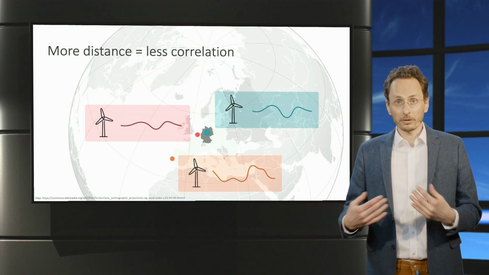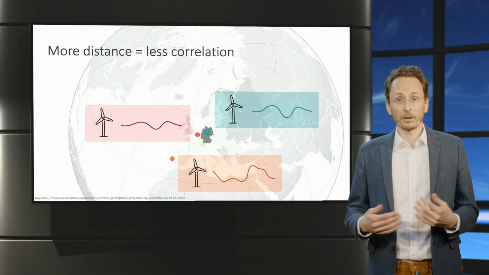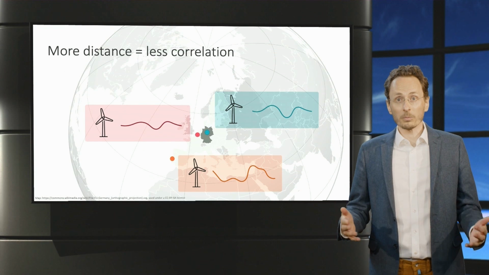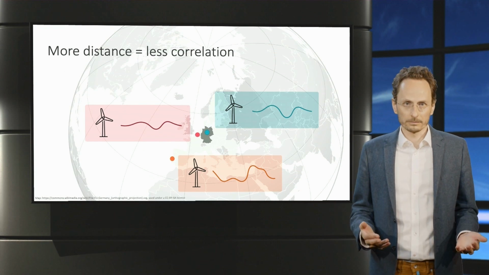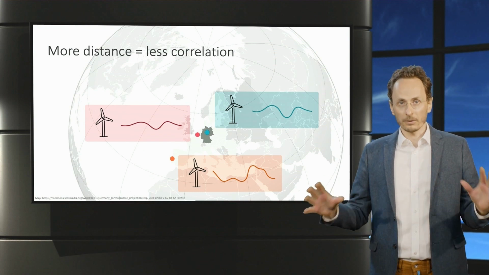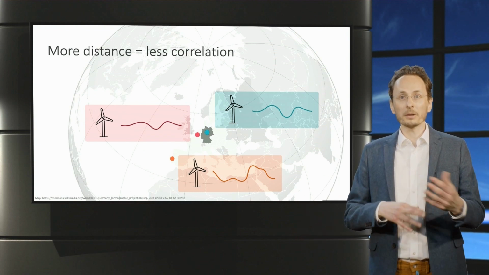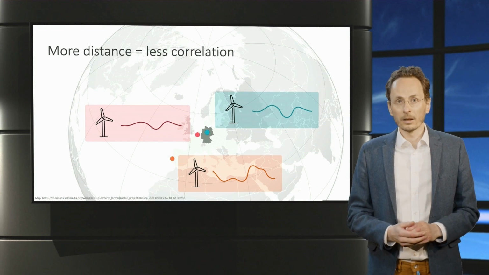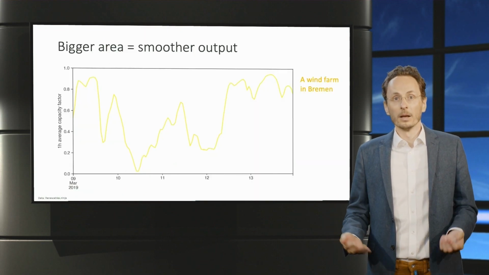But if I move further away, say to the southernmost point of Portugal on the Atlantic coast, the electricity generation profile will look quite different from the other two. So, in simplified terms, by spreading out my wind farms in space, I can exploit the fact that it's almost always windy somewhere.